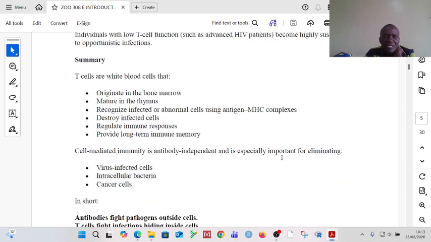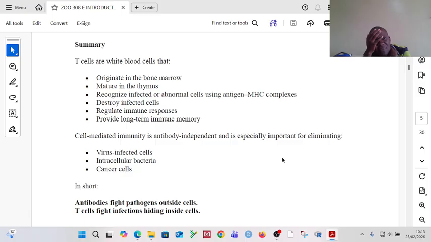So, in summary, T cells are white blood cells, and they originate in the bone marrow, but they mature in the thymus. We said the thymus gland is located slightly above our heart.